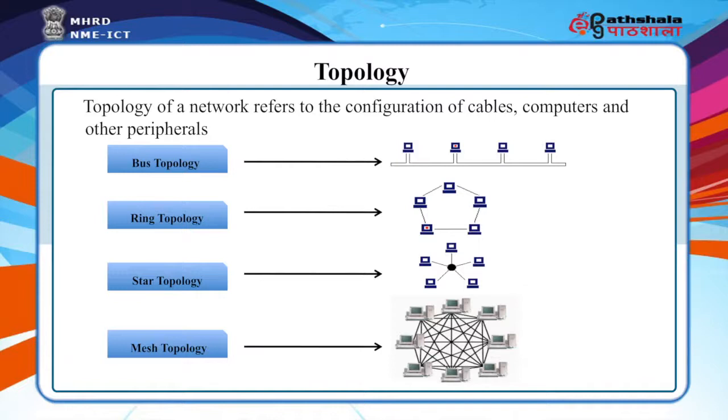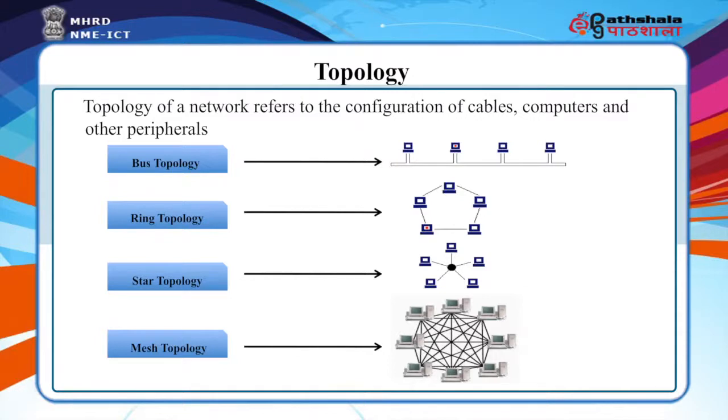That means all the computers will be connected to a common bus, and the disadvantage is that if any intermediary system fails, then the complete network fails. So bus is not a very sophisticated technology in networks.